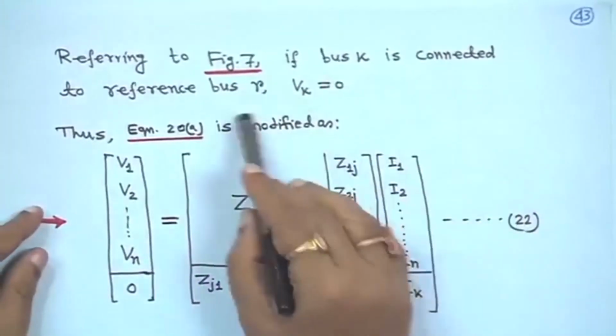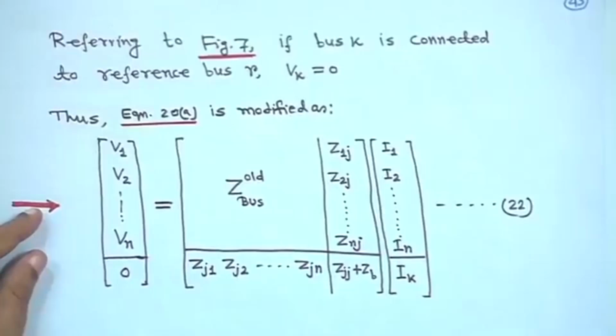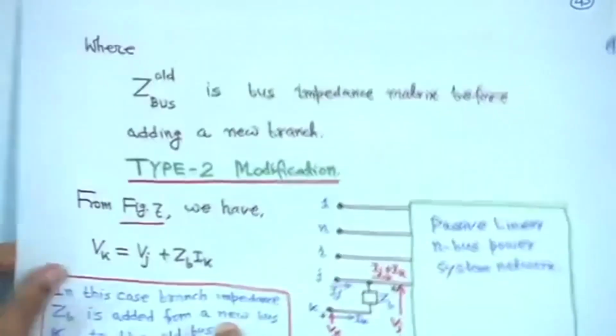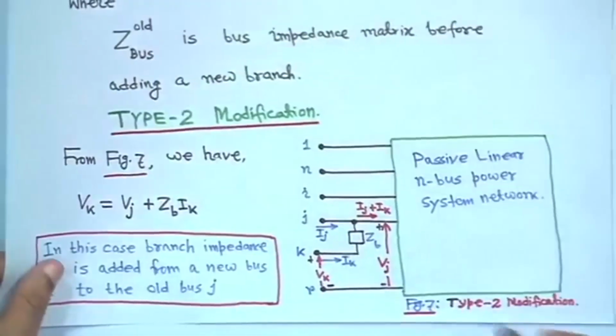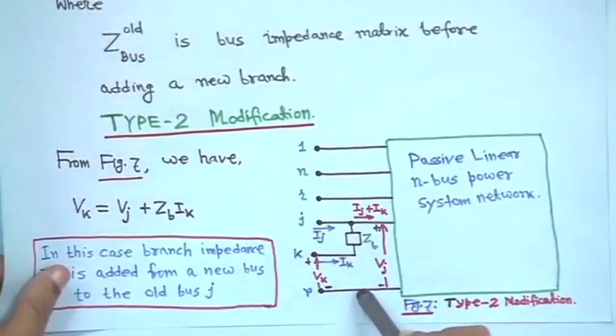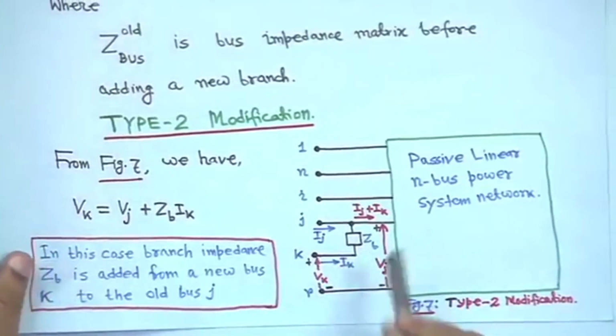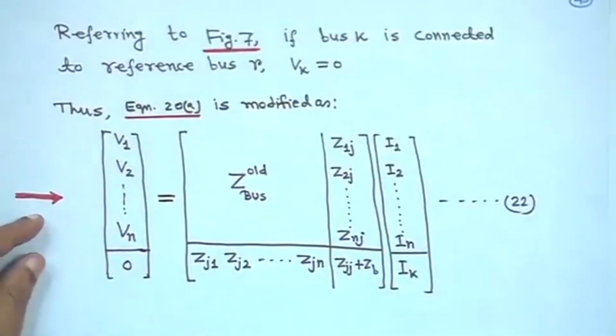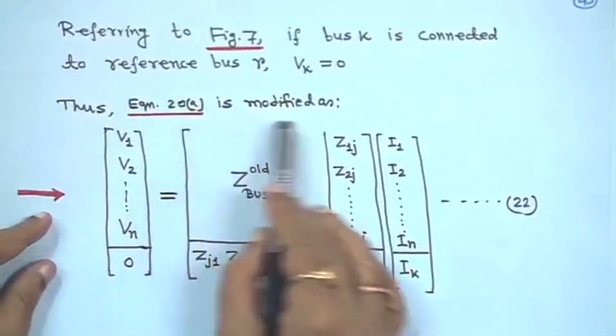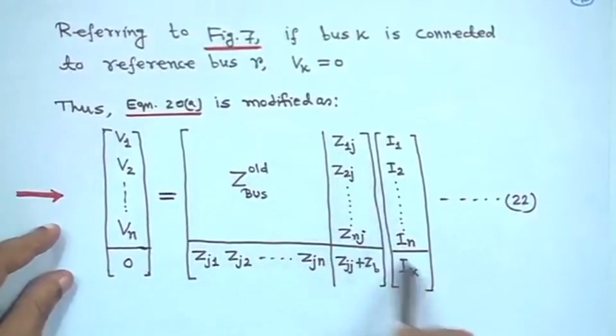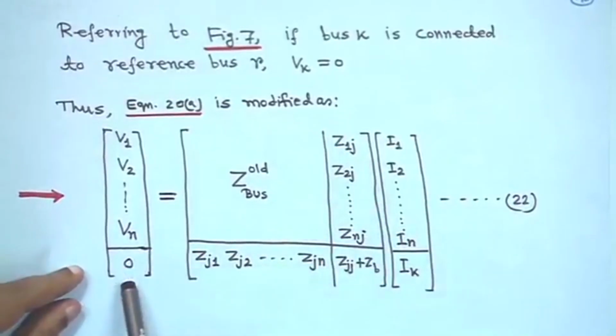If bus K is connected to reference bus R, then Vk will become 0, right. So in this case, it is not the current. In the same equation 20a, you rewrite everything, only putting Vk equal to 0.